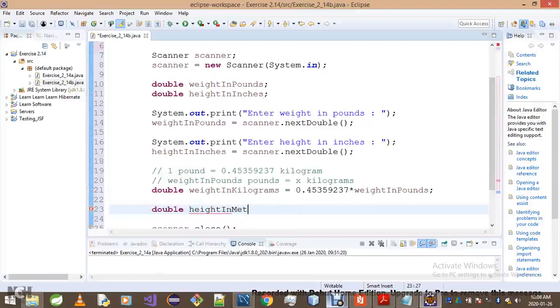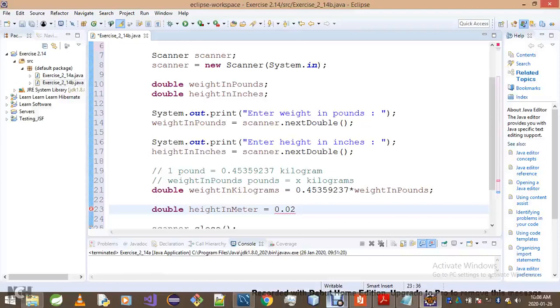Okay, the same thing applies for our next variable, our height in meters. Again, we'll use the idea of cross multiplying, and I'm not going to comment on that because we also did it in our previous solution, which was exercise 2.14a.